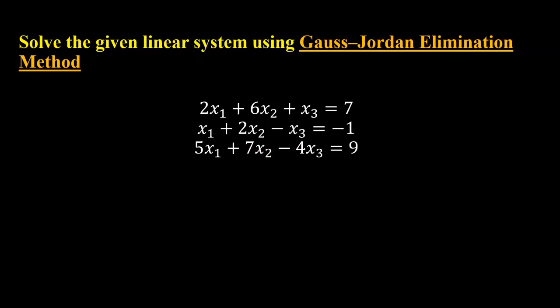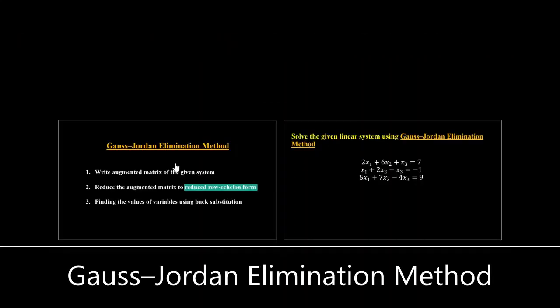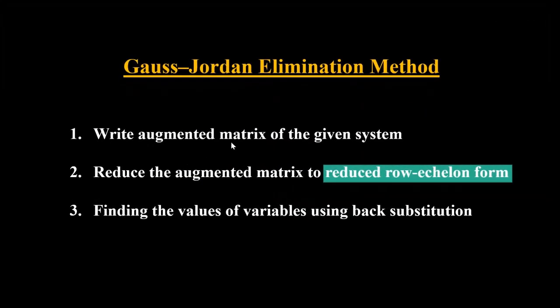For solving this system, first we write the augmented matrix of the system, then reduce the augmented matrix to reduced row echelon form, and finally find the values of variables using back substitution.